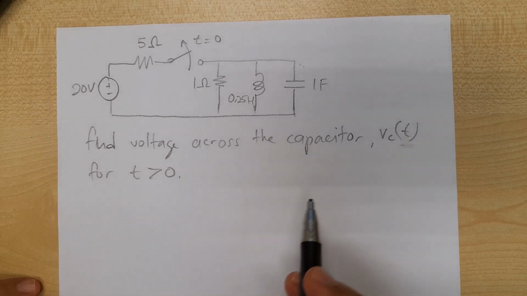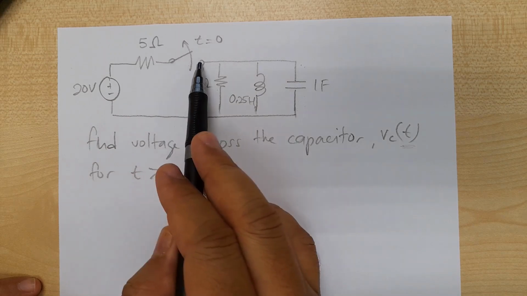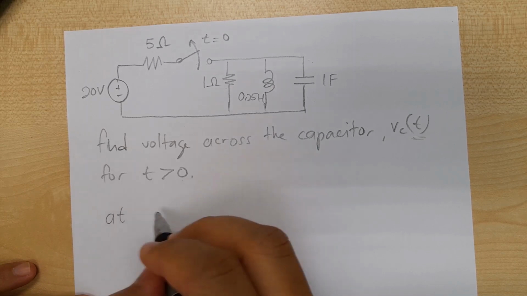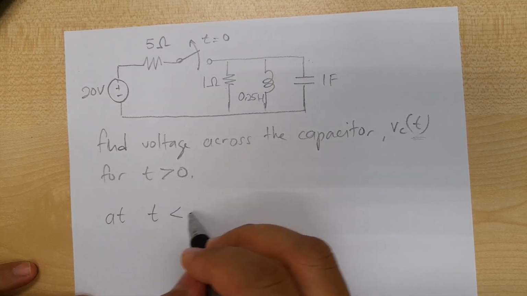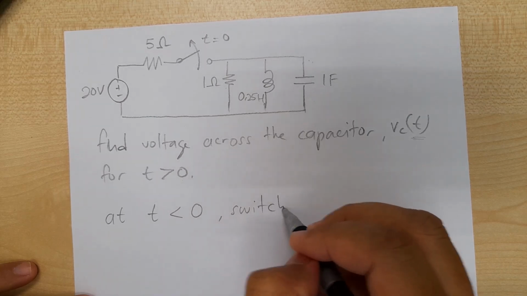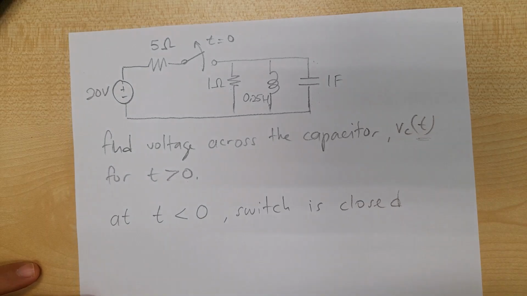So first thing is we need to know that when the switch is closed, at t less than 0, the switch is closed, right?